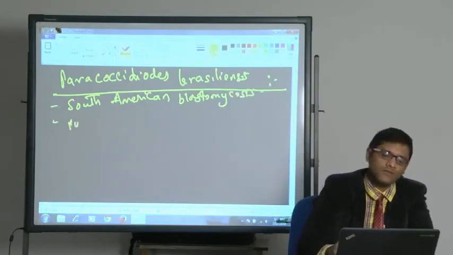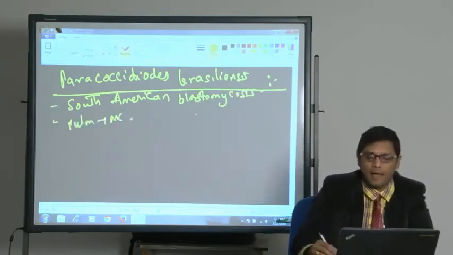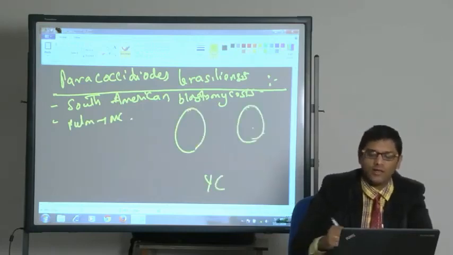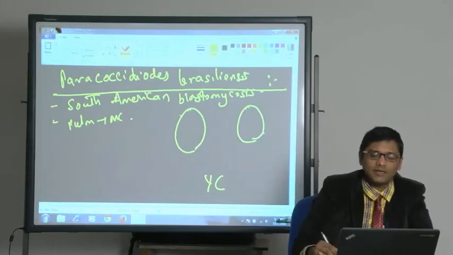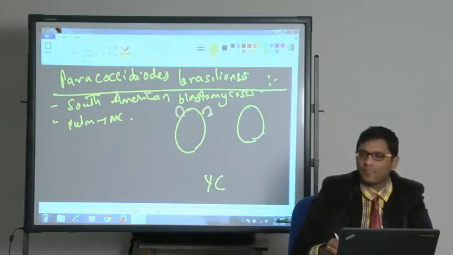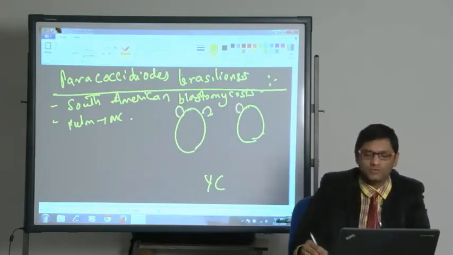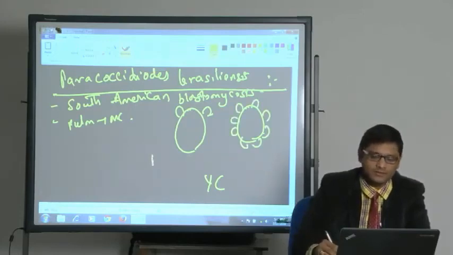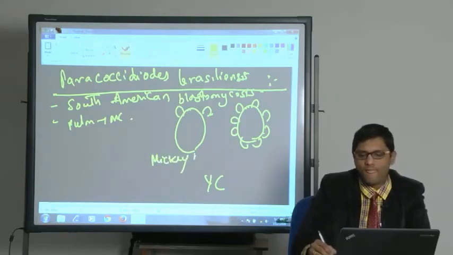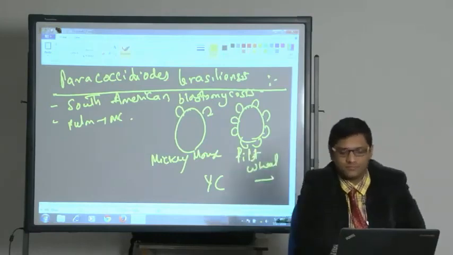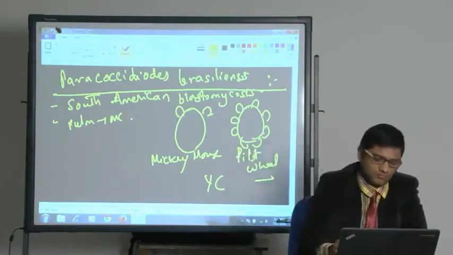Here also the pulmonary form is the most common form, and the yeast form is arranged in 2 appearances: the mother yeast cell and daughter yeast cells vary in their size. Daughter yeast cells are very small, giving rise to Mickey Mouse appearance and pilot wheel appearance.